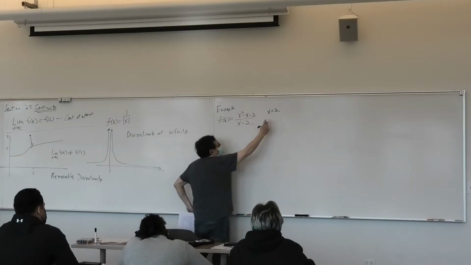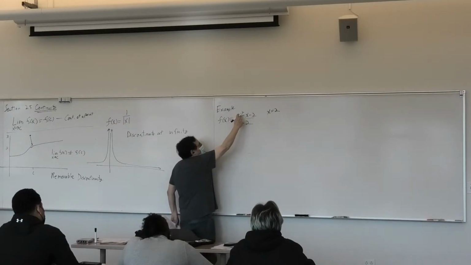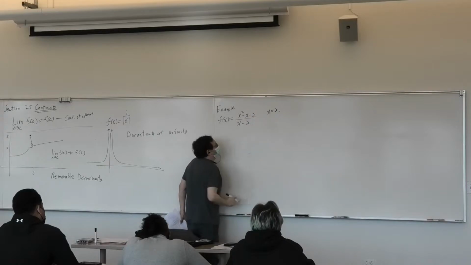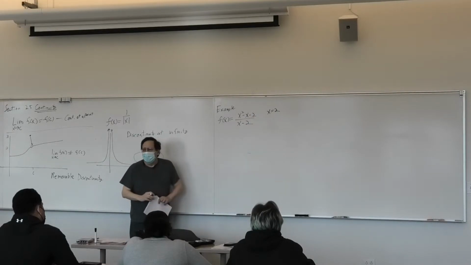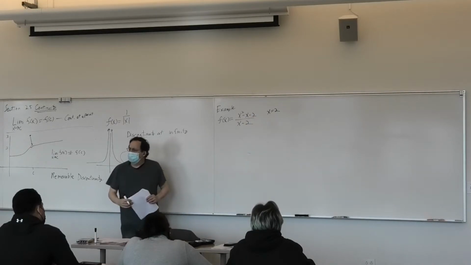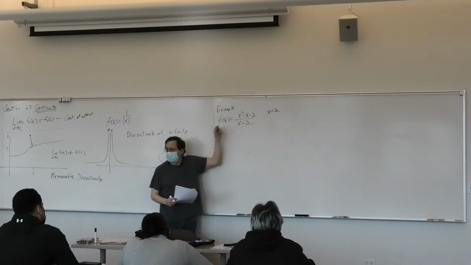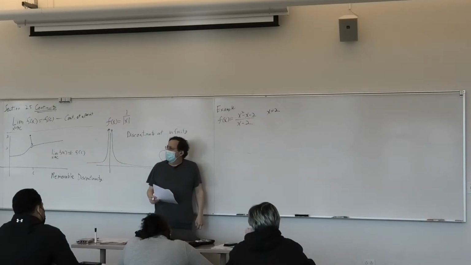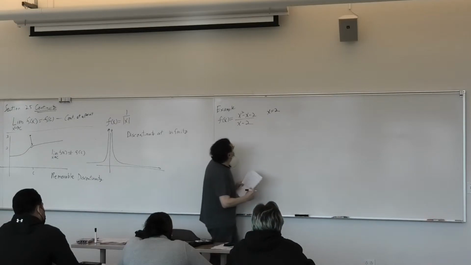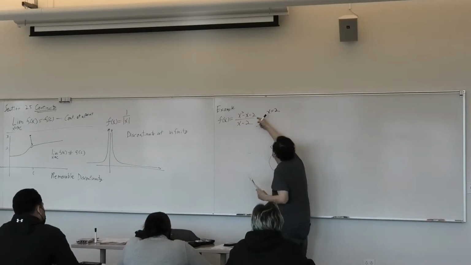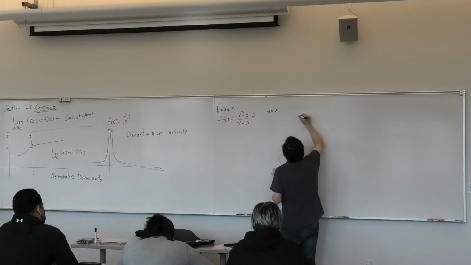Let's try plugging 2 in here. So 4 minus 2 minus 2 is 0. Oh, 0. Well, that means 2 is a root of this polynomial, so we should be able to factor it. This will succumb to a very simple reverse FOIL.